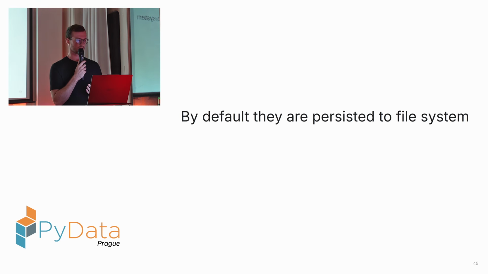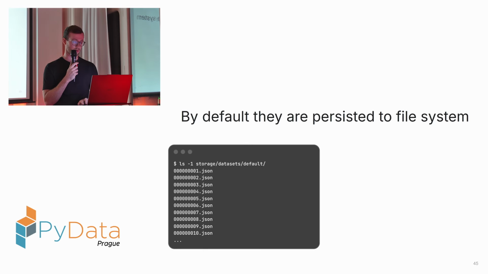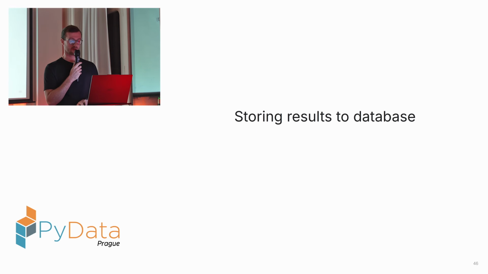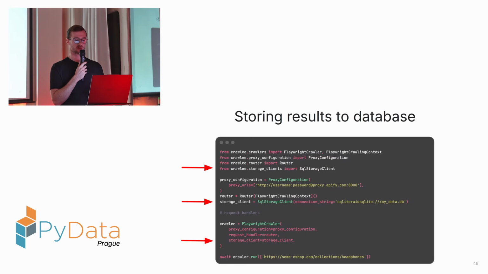What is this storage? By default, it's just the file system. It's just files on your file system with this structure. So just JSON files. And if we want to use something different, maybe a database, it's really easy to switch.